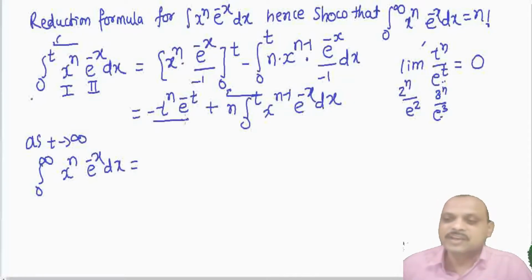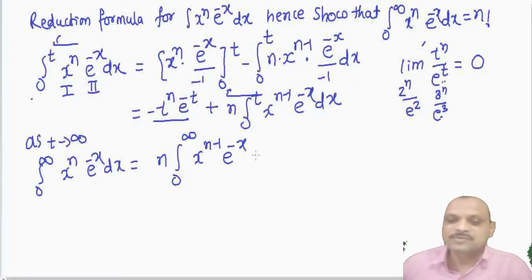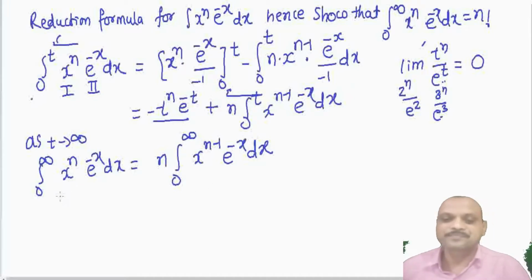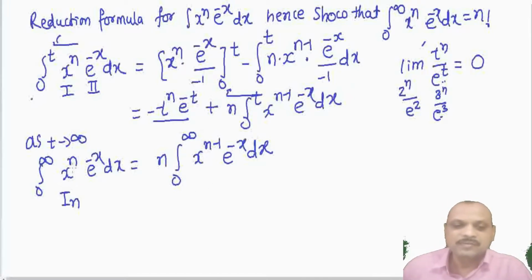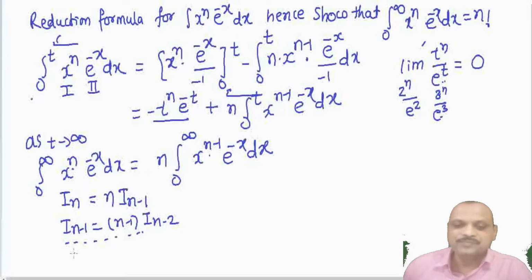So whenever t tends to infinity, this term will be 0 and we get n into integration 0 to infinity x raised to n minus 1 e raised to minus x into dx. So whenever we denote this by I n, we get here I n equal to n into I n minus 1. Likewise, I n minus 1 equal to n minus 1 into I n minus 2.